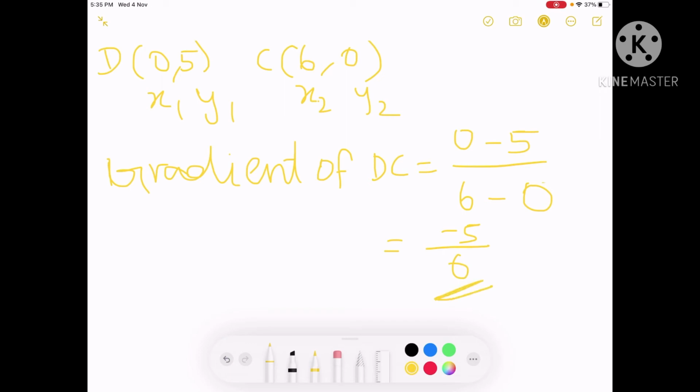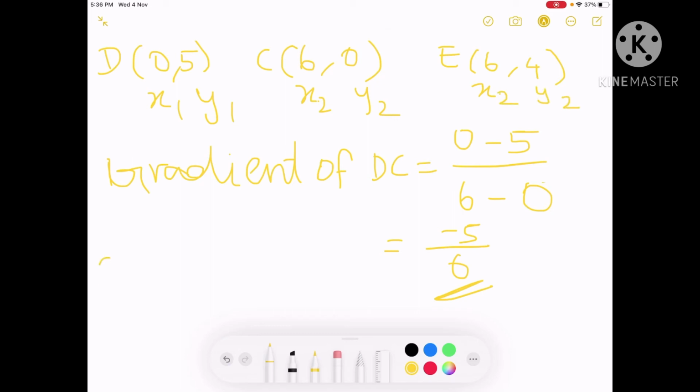So then DE, the new one is DE. E value is (6, 4). So now the x1, y1 value is (0, 5). This one is the x2, this one is the y2.